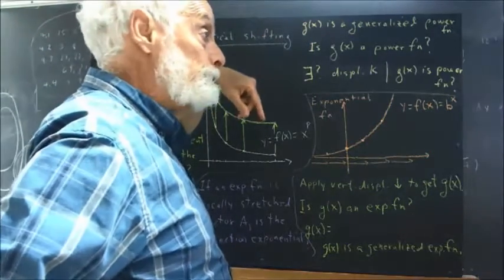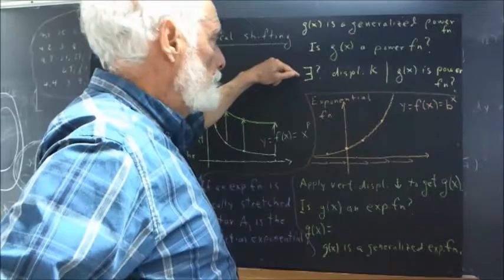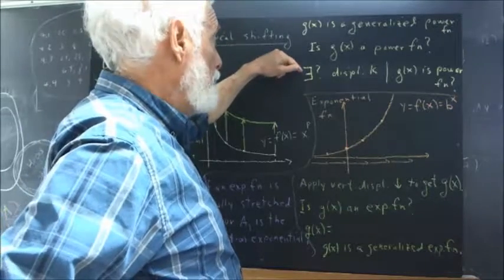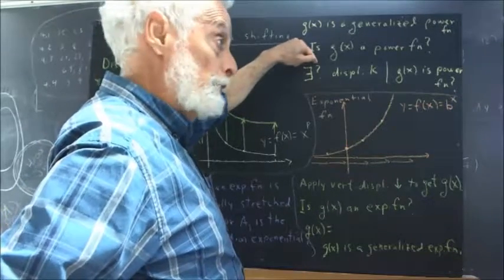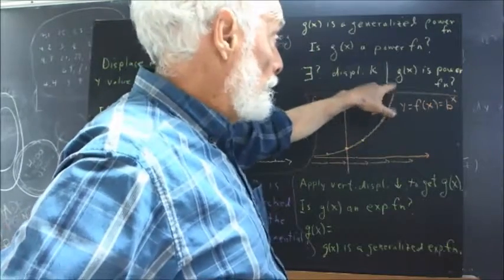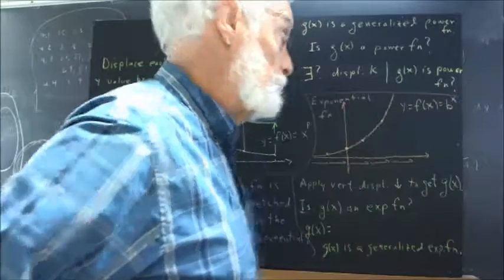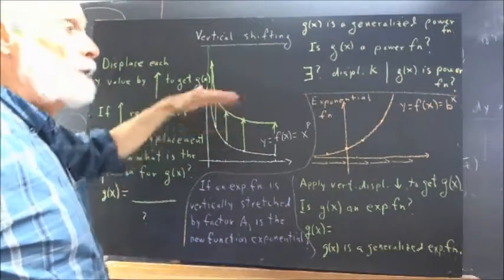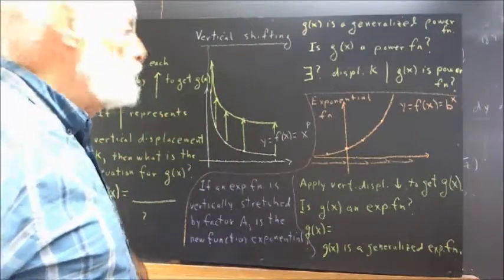Then the question is, remember this means there exists, and with a question mark it means does there exist a displacement k such that g of x is a power function. Is there some k not equal to 0?